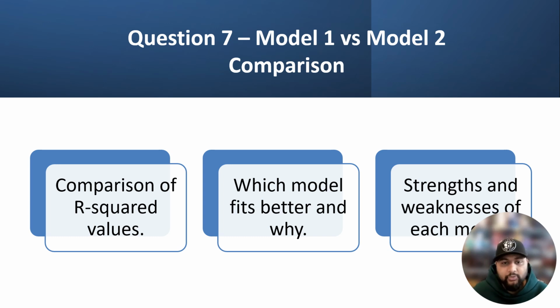However, the improvement is minimal, suggesting that adding the number of bathrooms doesn't contribute much to explaining house price variations. Model one is simpler and still identifies the number of rooms as the significant predictor, while model two incorporates more factors but struggles with key assumption violations. In summary, neither model provides a strong fit for the data, highlighting the need for future analysis to include additional variables to capture more of the variance in house prices.